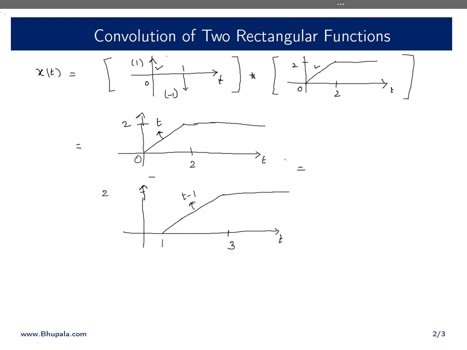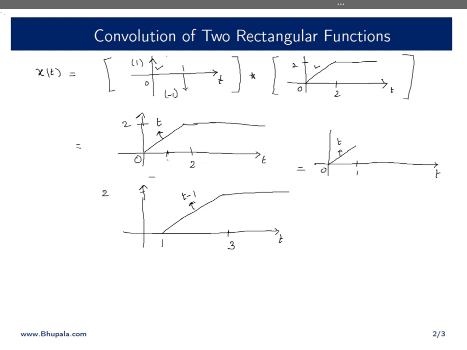So if you look at this plot from 0 to 1, the equation of this straight line is t, and from 0 to 1 we don't have anything for the other, so t minus 0 would be t. So from 0 to 1 you have a straight line t.